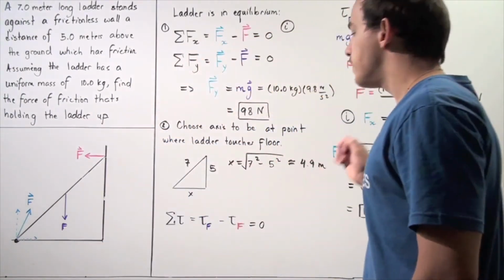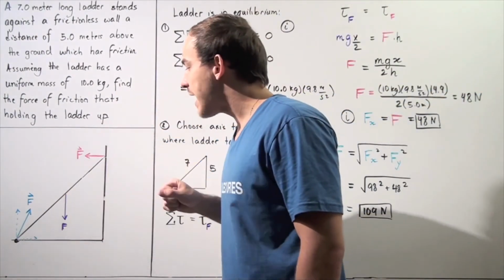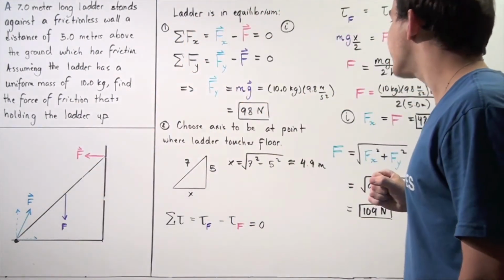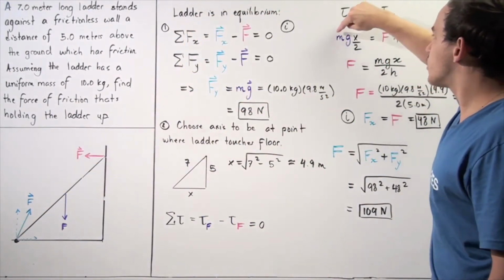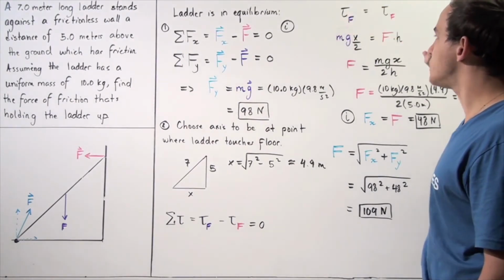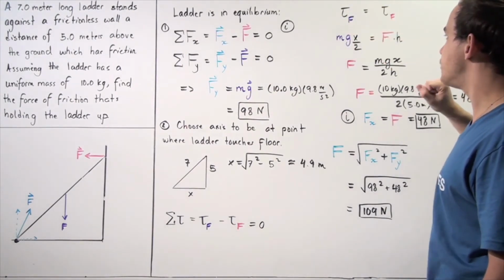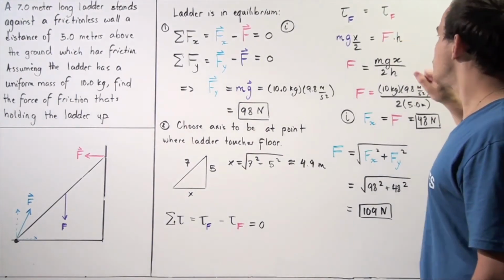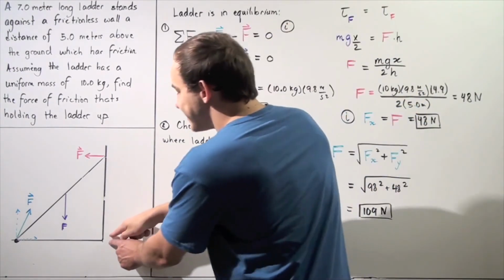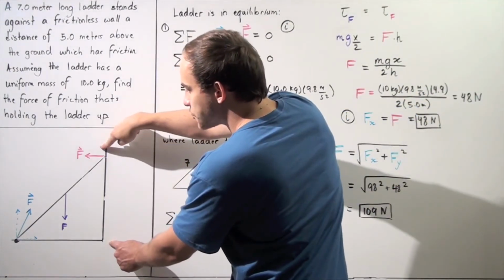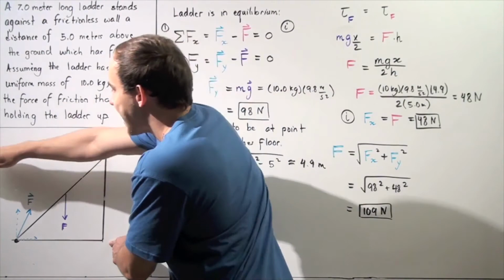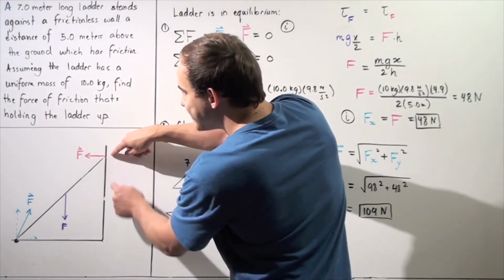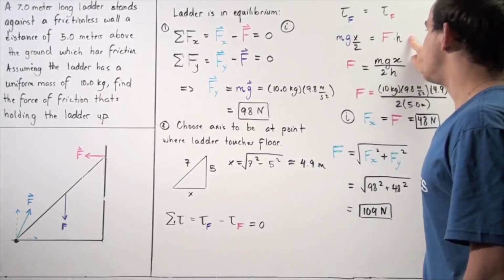So it's x divided by 2 because the force of gravity acts at the center of mass of our uniform mass ladder. So we have the gravitational force mg multiplied by the lever arm, x divided by 2, and this is simply the red force multiplied by h, the distance of the lever arm for this force. So this force points along the x-axis, and this distance, which is perpendicular to this force, is simply 5 meters, which is h, the height.